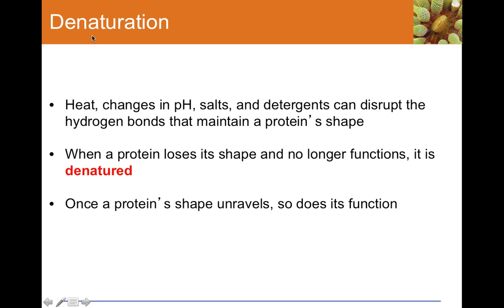So, denaturation. This is a little bit more severe than what a straightener or curling iron might do. We looked at that picture of keratin earlier in the chapter, and that girl in that picture had super curly hair. If she wanted to straighten it, she could use a straightener and a lot of heat.